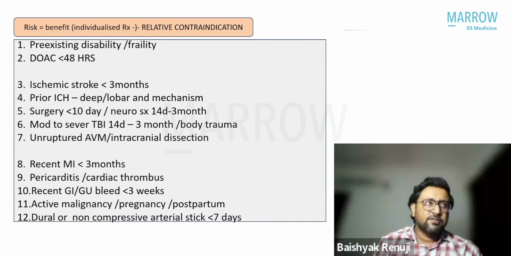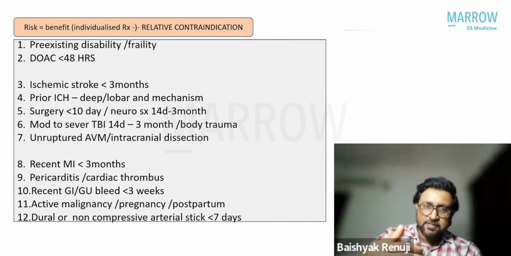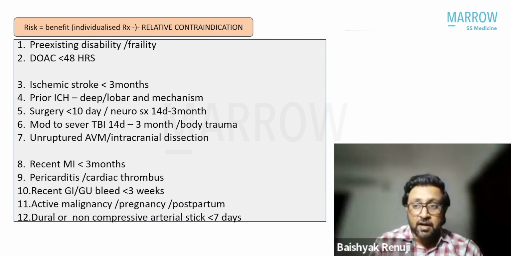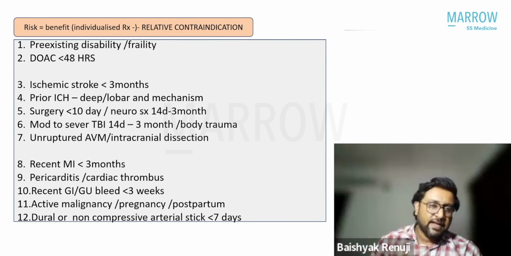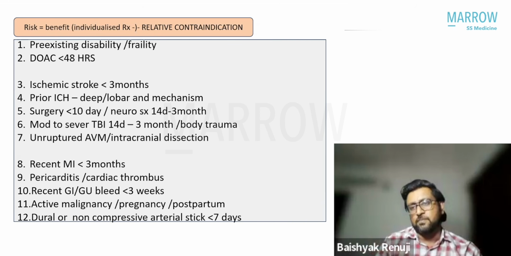When I was reading some articles, before these guidelines were there, during our preparation for the sessions, I found they say that if there is a cavity, like SWI showing cavity-like lesions inside the bleed, or a recent bleed within 3 to 6 months, that is also considered high risk.